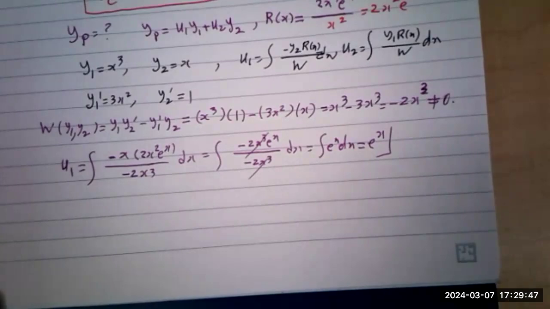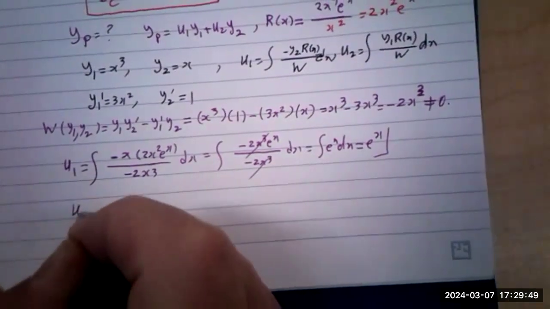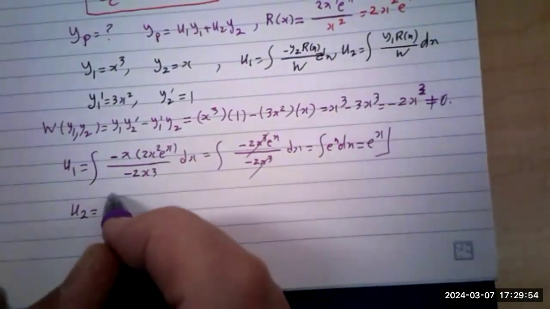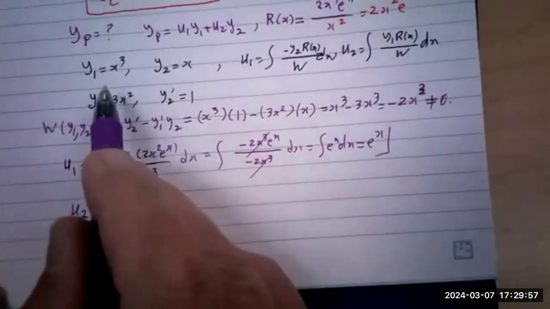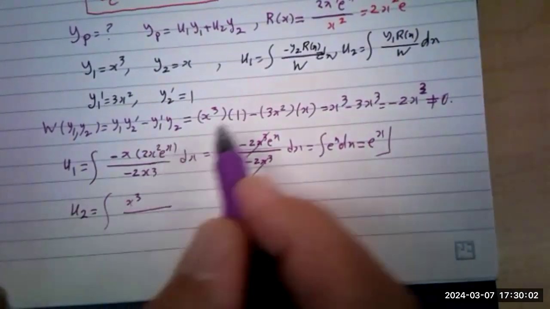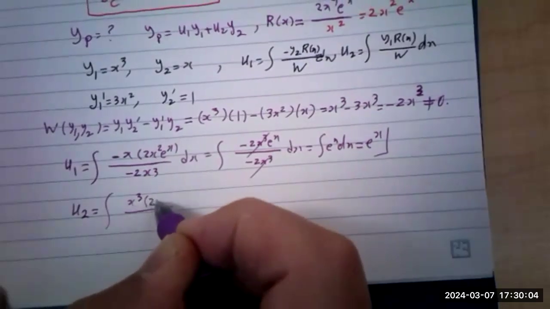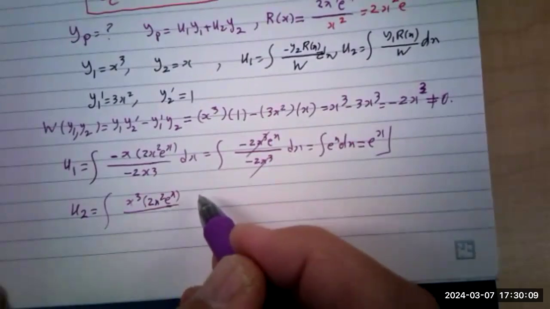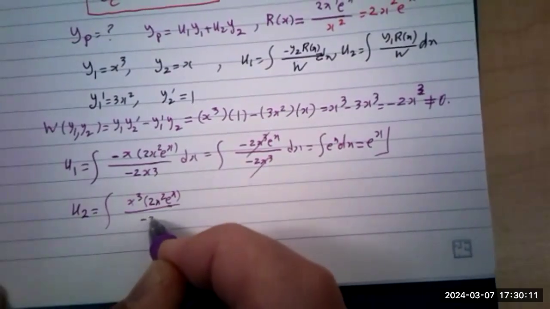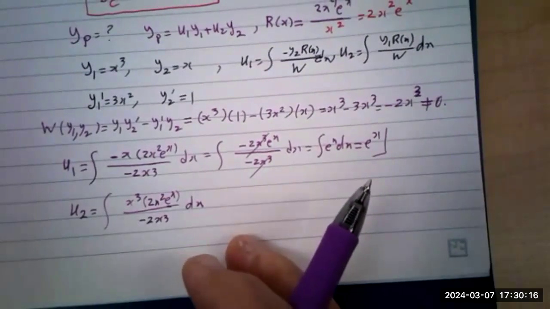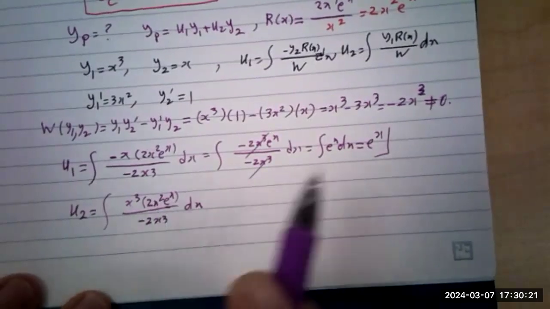So repeat it again for the u2. The u2 formula is the integral of y1 times R of x. y1 is x cubed, times R of x again, which is 2x squared e to the x, divided by the Wronskian, which is negative 2x cubed, dx. Now simplify.